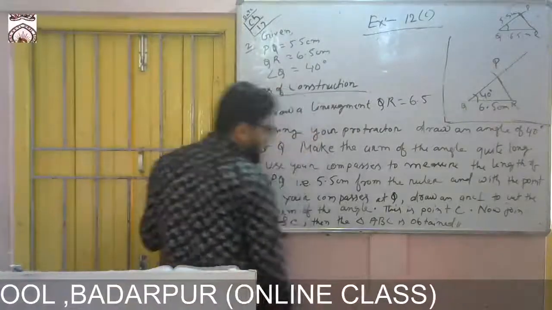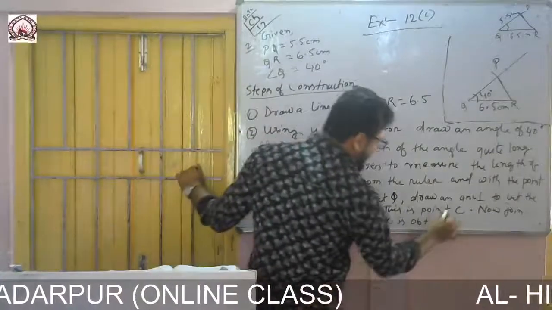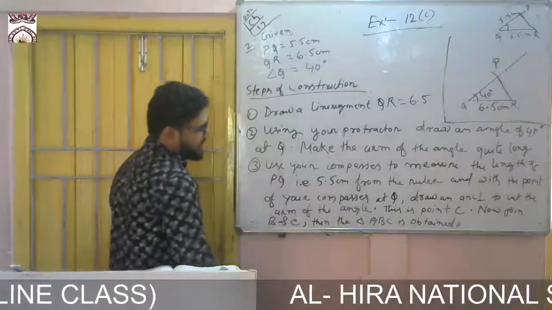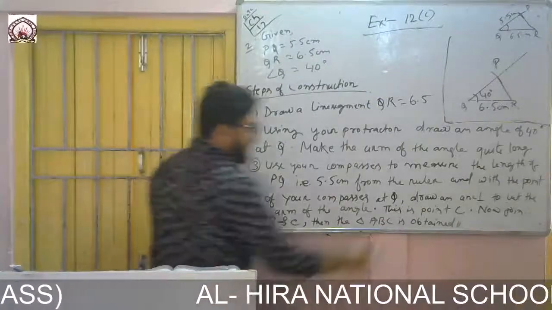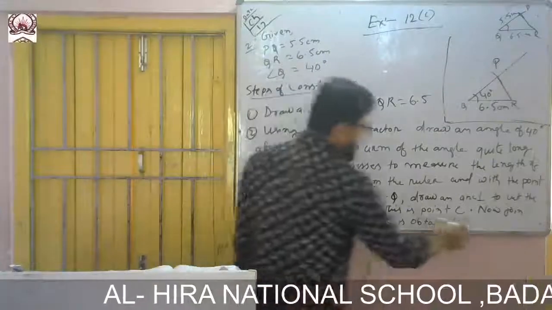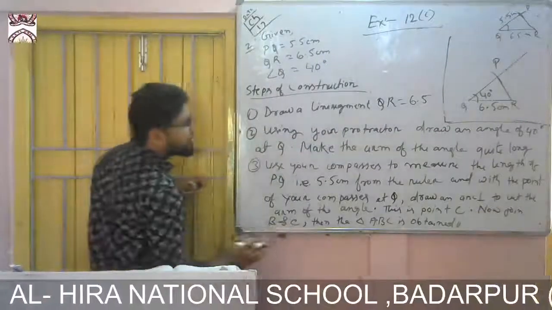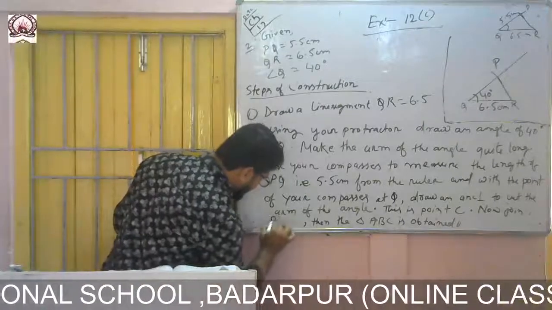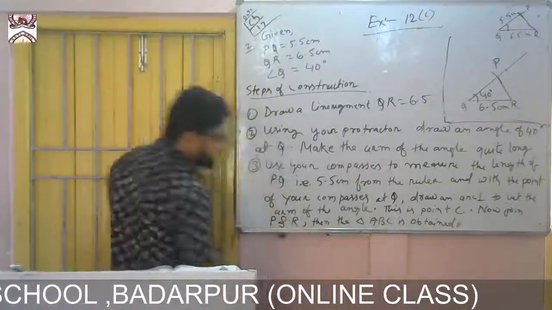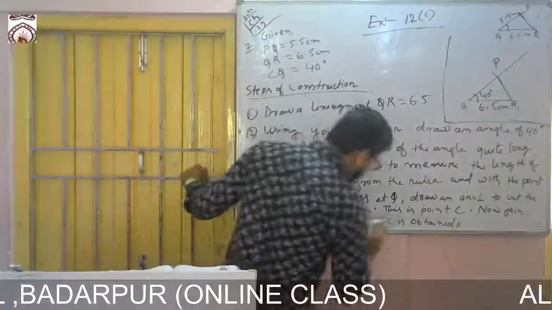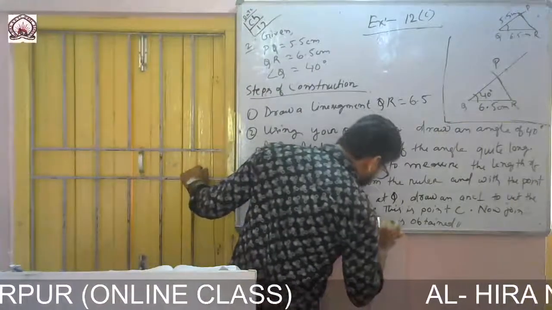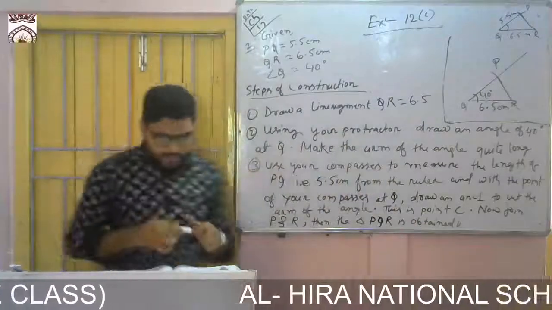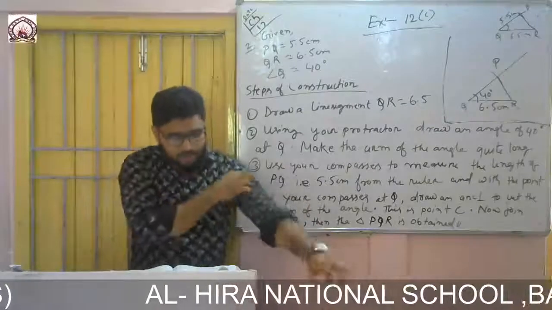This is the point C. That means the point of intersection is the point C. Now join P and R. Then the triangle PQR is formed. So question number 3 is also solved.